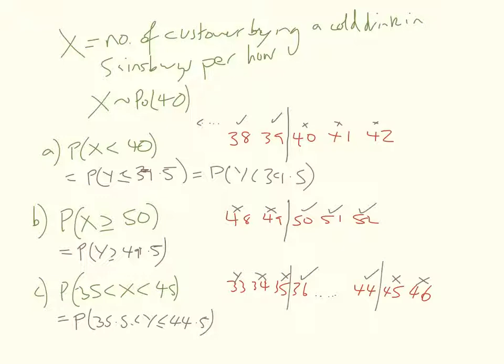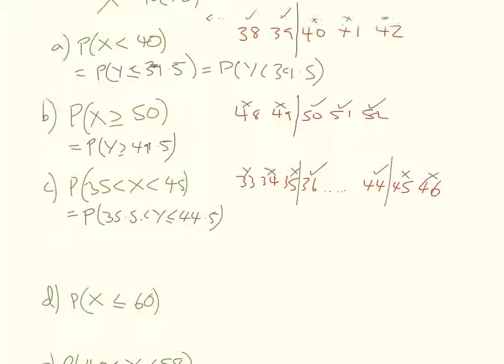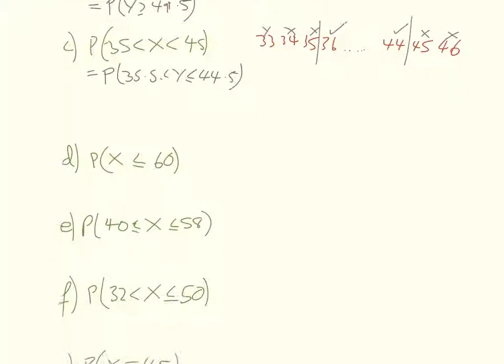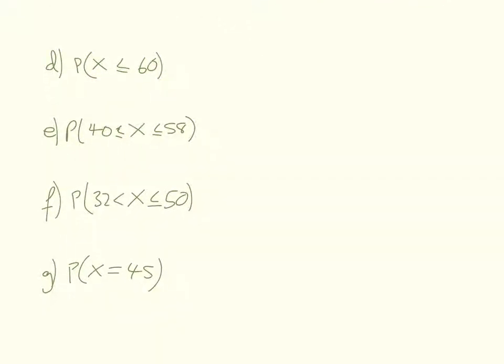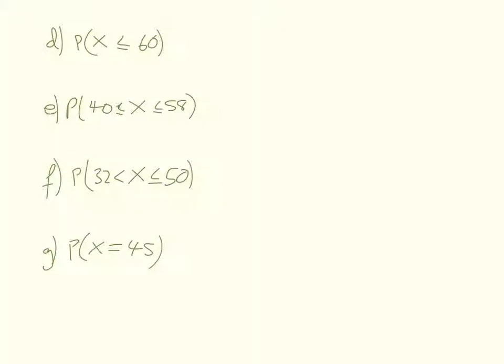Now it's really important to draw the numbers so that you get the exact place where your continuity correction is going to come in. I just want to do a few more examples, all different types of permutations of examples that could come around. The last one, where it's equal to a certain value, is also normally a tricky one for students. So let's just start with D and we'll get to that final one in a minute.